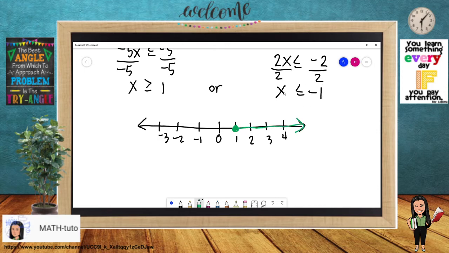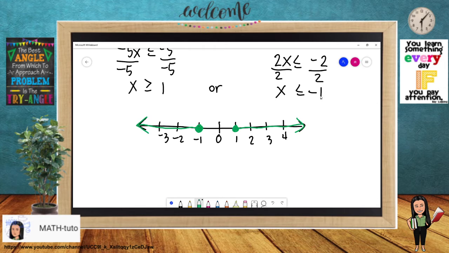And then for this one, x is less than or equal to negative 1. So negative 1 shaded. And then we shade to the left of negative 1. Okay, pwede naman ding same color na lang. So this is the graph of the solution set x greater than or equal to 1 or x is less than or equal to negative 1.